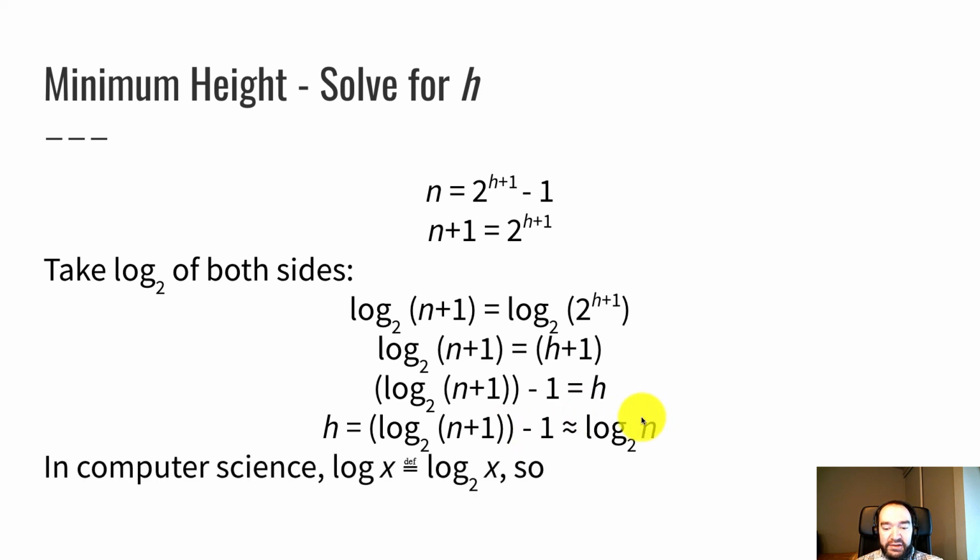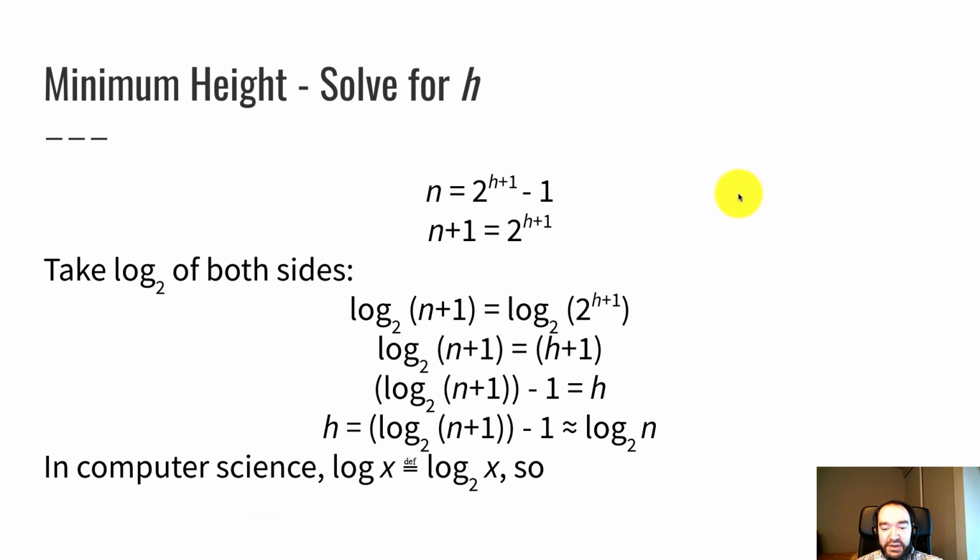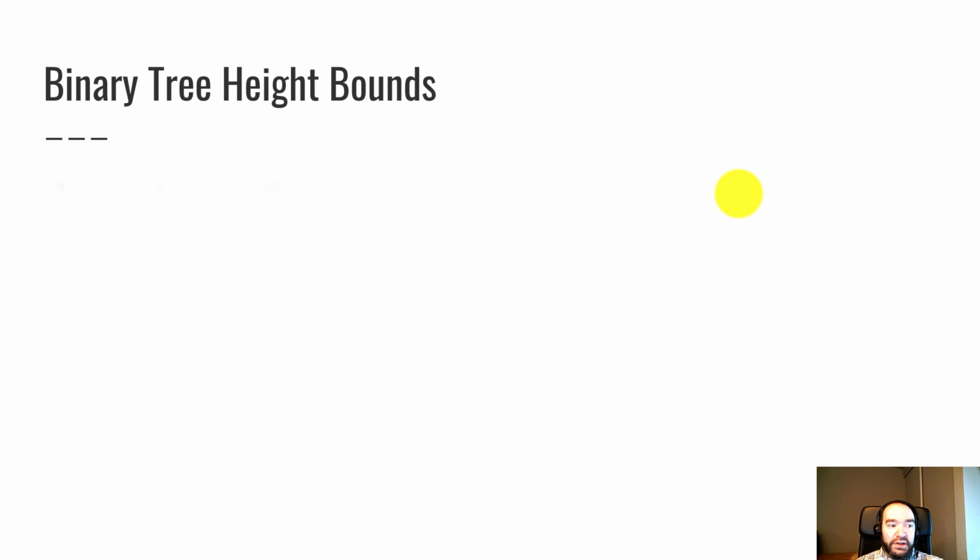In computer science, we have a lot of powers of 2, so we have a lot of logarithms with base of 2. So when we write just log with no explicit base, that's assumed to be defined as the log base 2. So we can write that h is big O of log n. That really means the base 2 logarithm of n. So here are the bounds that we found.